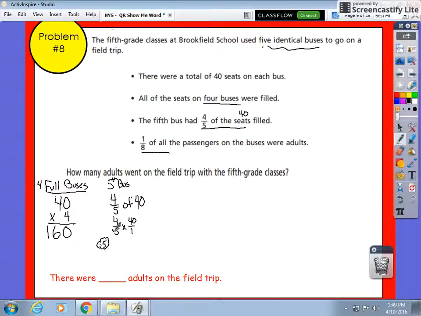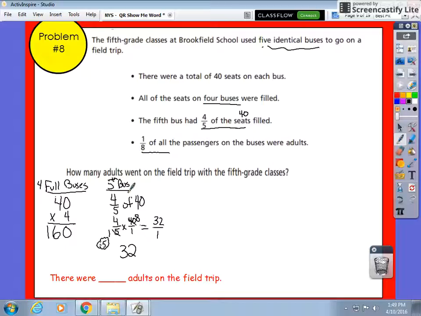So 5 divided by 5 is 1, and 40 divided by 5 is 8. So now that I have simpler numbers, I can multiply my numerators. 4 times 8 gives me 32, and I'm going to multiply my denominators. 1 times 1 gives me 1, and I find out that there are 32 people on that fifth bus.